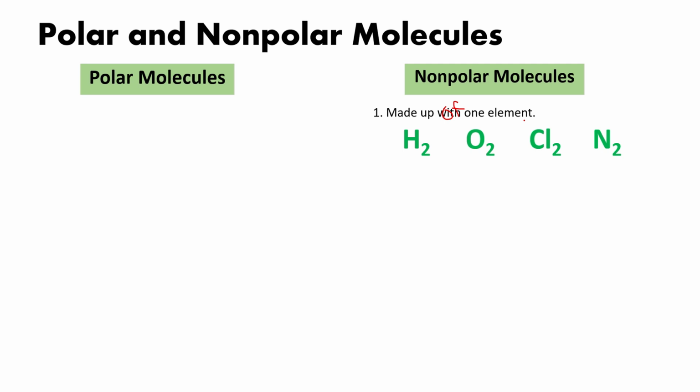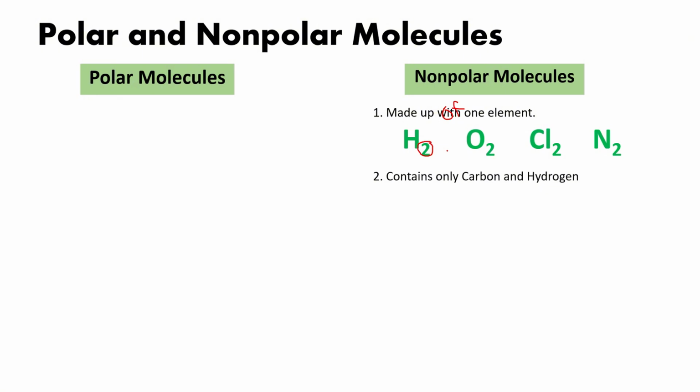Since in these examples there are two atoms, because of this number two, although it is just one element, there are two of the same element, then we call that a molecule. So these are nonpolar if they are just composed of one element.